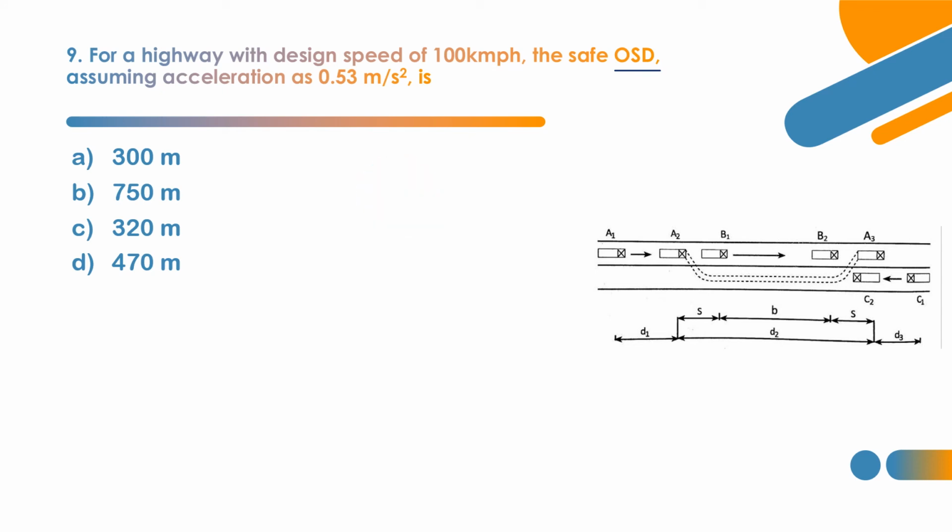There are some 2 to 3 calculations involved in this OSD concept. You can pause this video and get the answer and check it. So the correct option is option D, 750 meter.